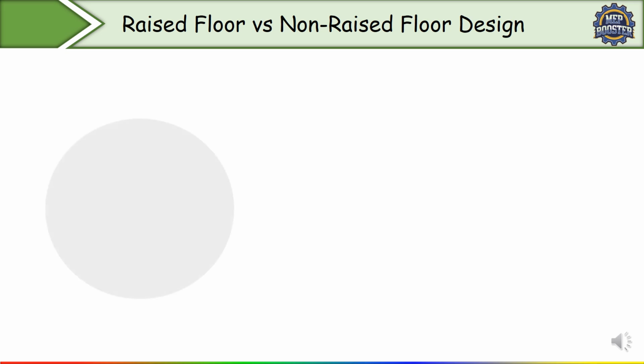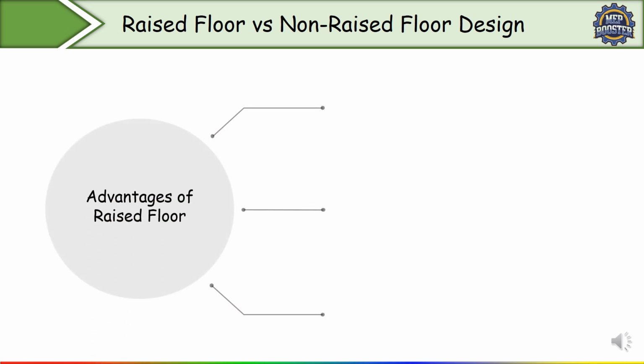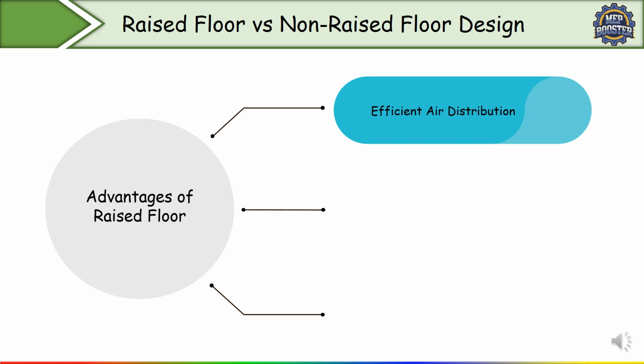So now let's see the advantages of raised floor. Okay, so there are lots of advantages. We'll discuss a few of them. The first benefit is what? Efficient air distribution. What does it mean? It means the raised floor works like a big air duct or plenum below the floor. So how does it help? Normally the cold air from the CRAC or CRAH unit is spread uniformly under the floor.